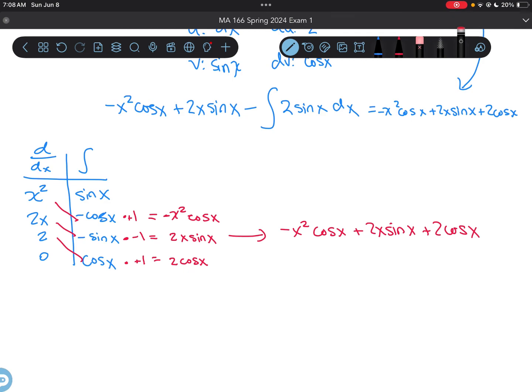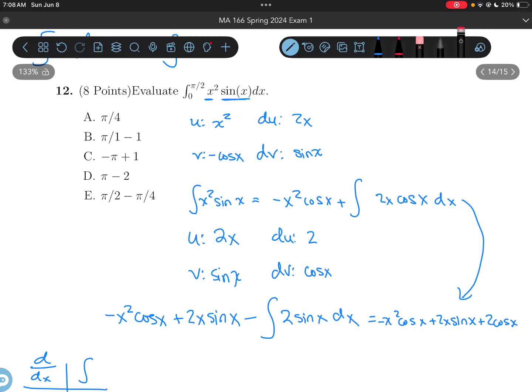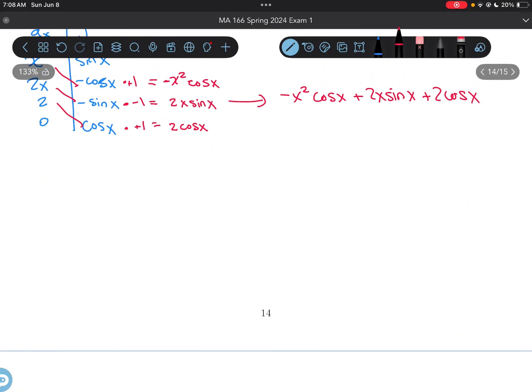So the last step is finding our actual quantity. They tell us to evaluate it from 0 to pi over 2. So I just need to evaluate this from 0 to pi over 2 and plug things in.